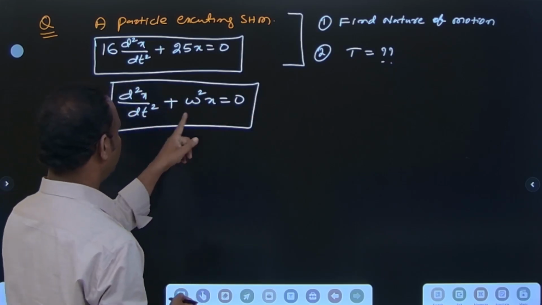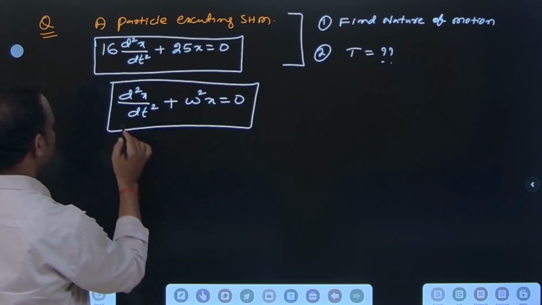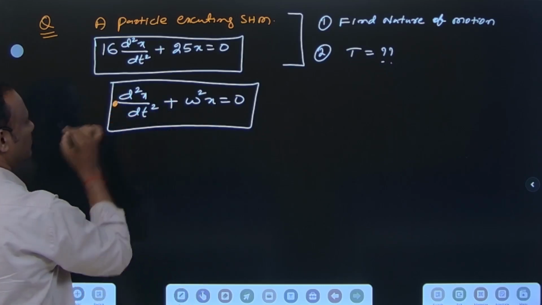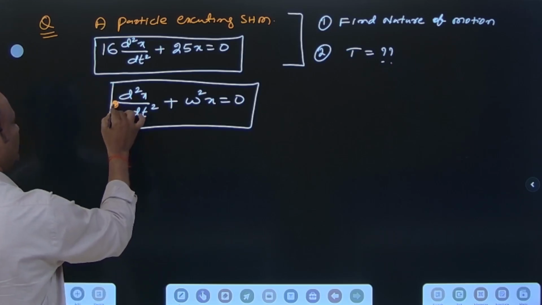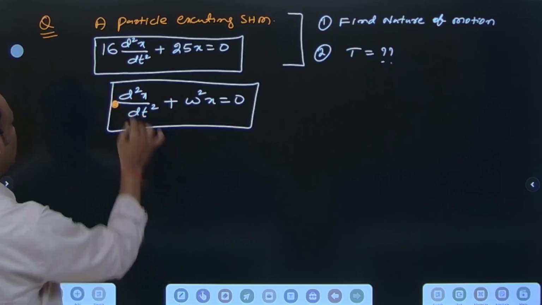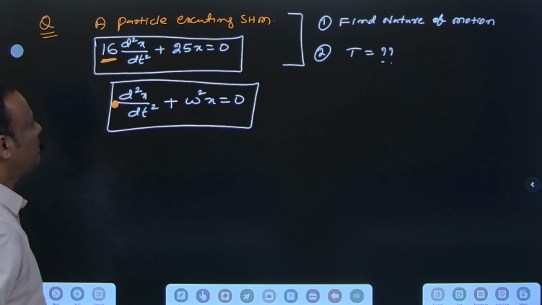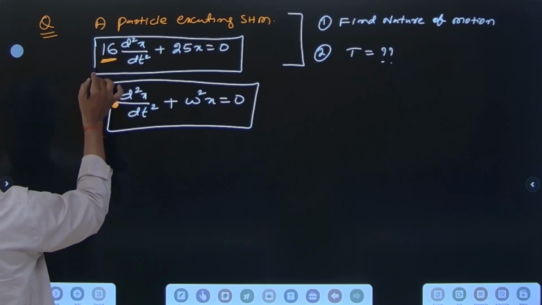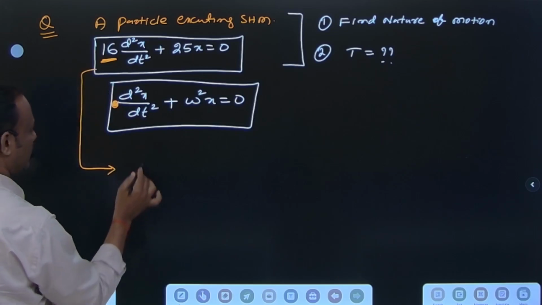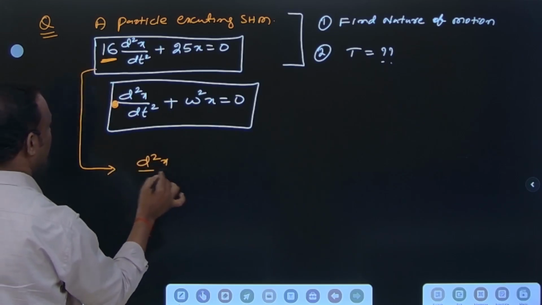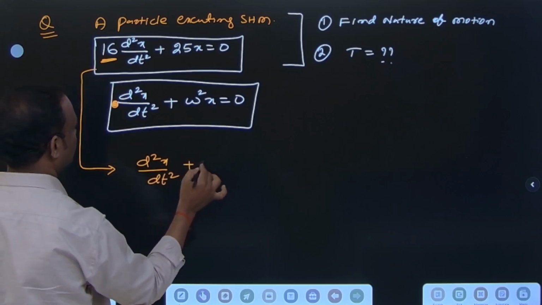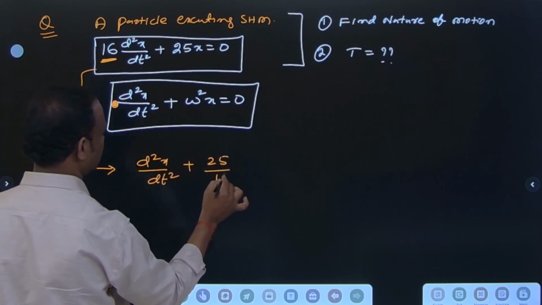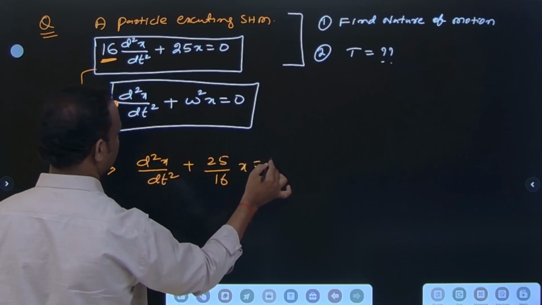No. But here some coefficient is there. You need to remove this one. So divide d square x by dt square by 16. Then plus 25 by 16 into x is equal to 0.